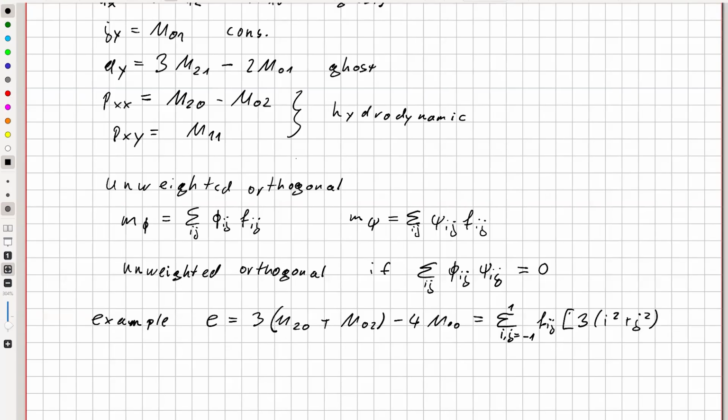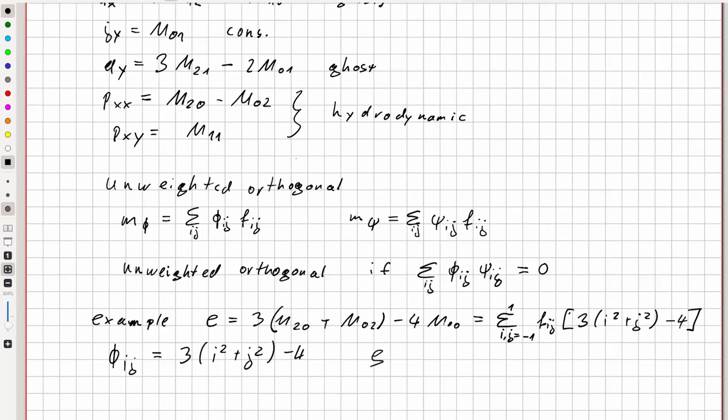And M00 is just 1, so this will be -4. So the kernel phi ij is 3i square plus j square minus 4. And this now is supposed to be orthogonal to all the others.